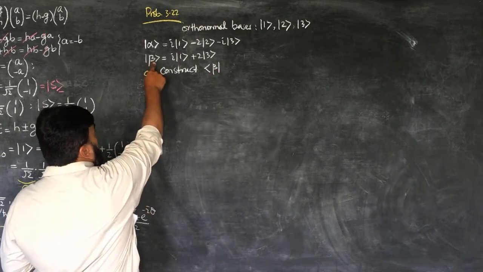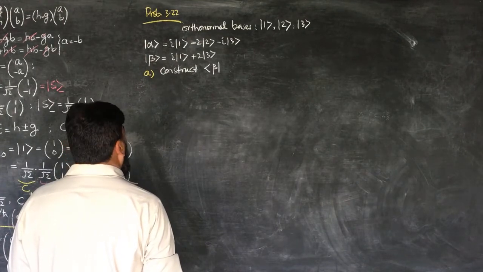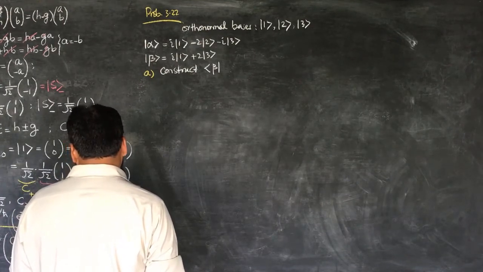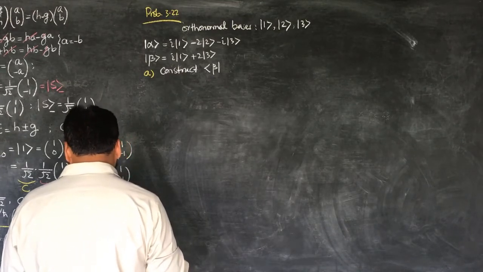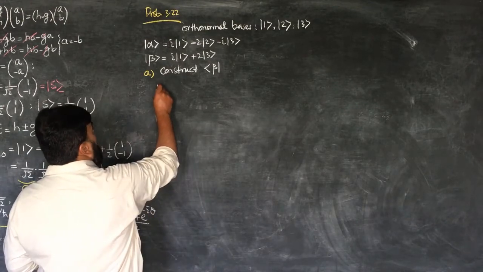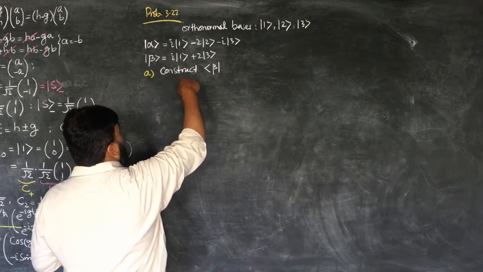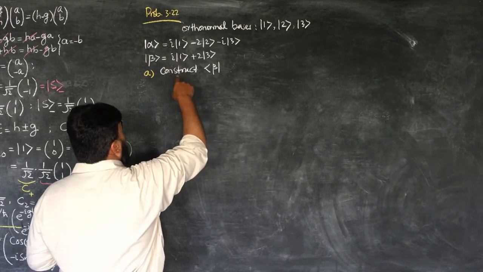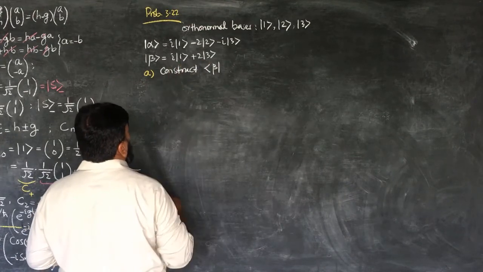Beta is given in the ket, and we convert this vector into a bra vector. As we know beta is this, by converting it into the bra vector, we will have to take the transpose and conjugate of it.